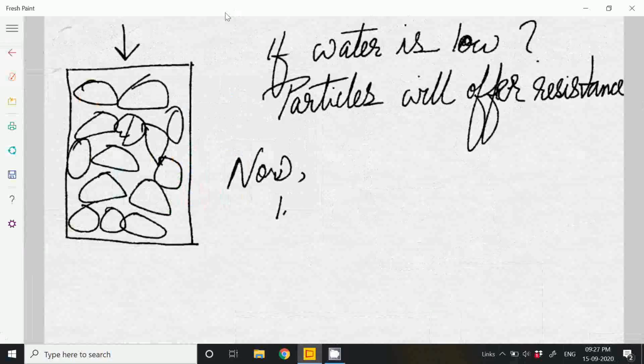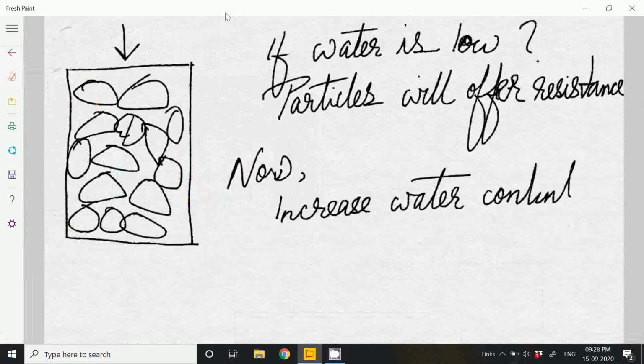Now you increase the water content. So what will happen? The water will be like here and here, attached to the surfaces of the particles.